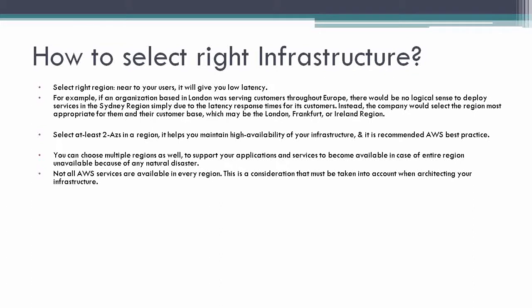You need to first check that all those services are available in the particular region you want to use. In AWS, all services are not available in all regions. It may be added later, but at the current time when you are creating your application, first check which services are available in your particular region.